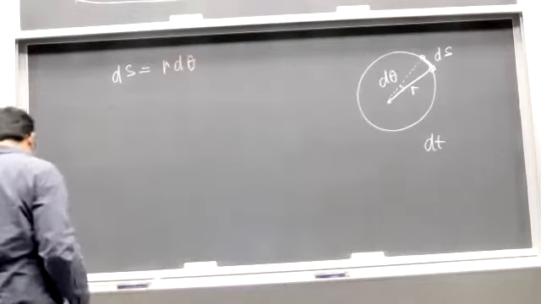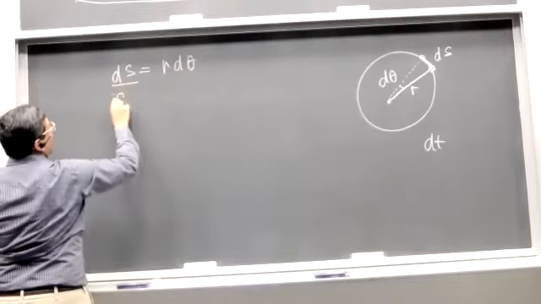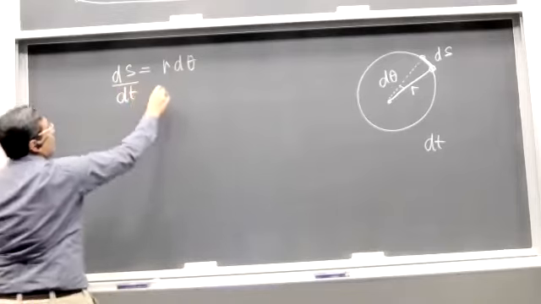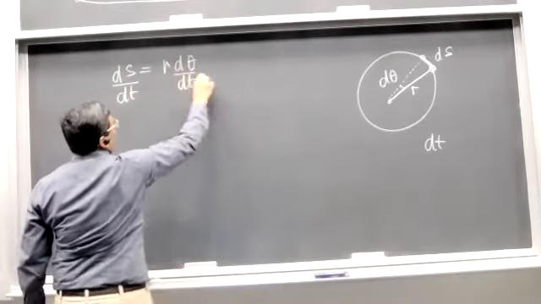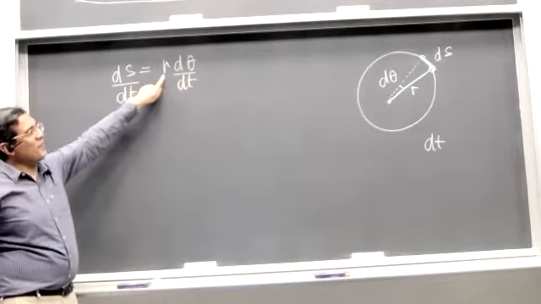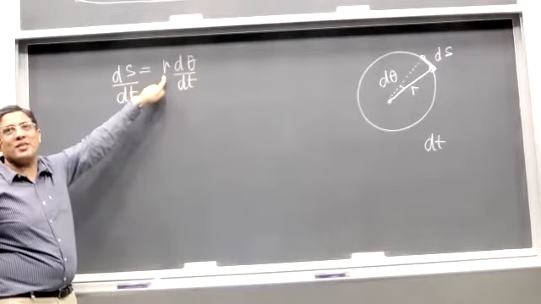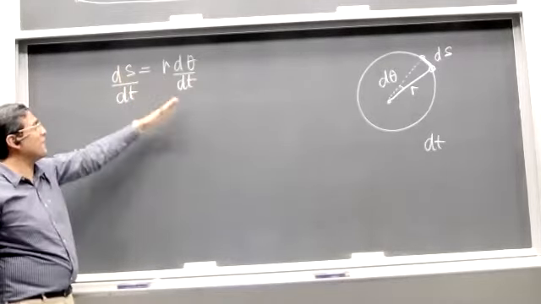Okay. Now let's take a time derivative of this, or divide everything by dt. I mean, it would be meaningless to take the derivative of r because r is a constant in time. Okay, so that term would be 0 if you were taking the derivative.